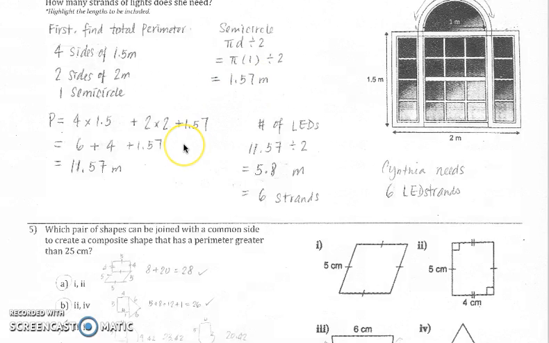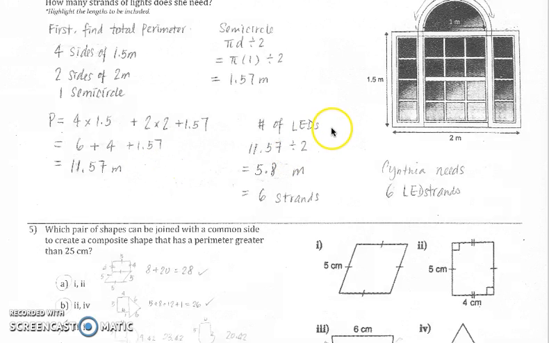So the total length of LED lights that we need will include 4 sides of 1.5 meters, 4 times 1.5, plus 2 sides of 2 meters, 2 times 2, plus the semicircle, 1.57. Add these up, it is 11.57 meters.